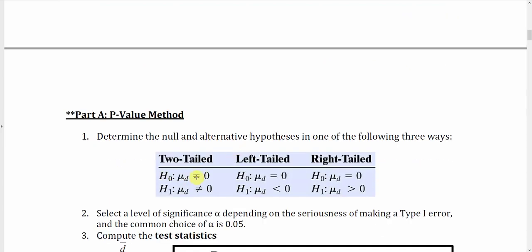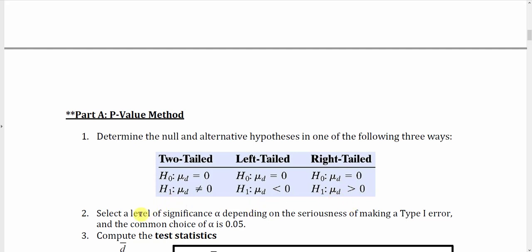The null hypothesis always involves equality, the equal sign. If they are not 0, then there are three cases: different from, less than, or greater than 0. The different side means two tails, the less than side means the left tail, and the greater than side means the right tail. Remember, the arrow pointing to the left is the left tail, and pointing to the right is the right tail.